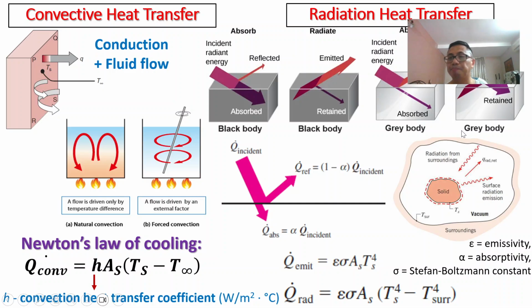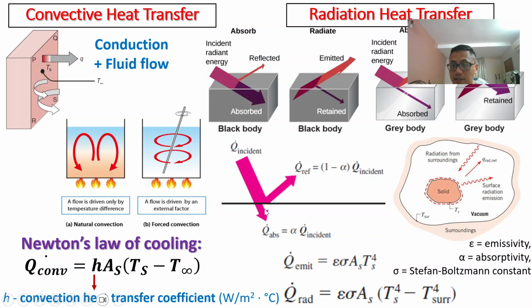For a gray body, only a small portion can be absorbed by the body, and a big portion will be reflected by the gray body. It can emit some amount of energy but retains quite a large amount inside the gray body.